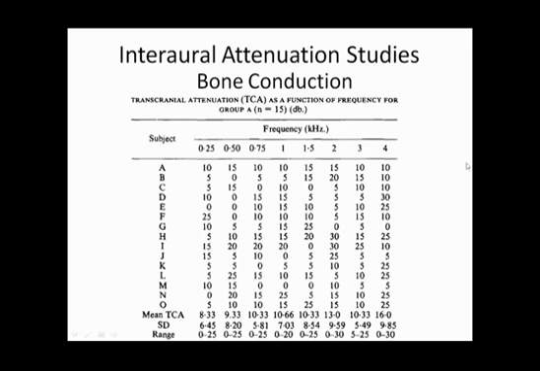Okay, this is from a study that looked at the interaural attenuation for bone conduction. And notice for subject B, the interaural attenuation for 500 hertz is 0. But look at the interaural attenuation for subject L at 500 hertz. It's actually 25. Or what about subjects H and I at 2000 hertz?